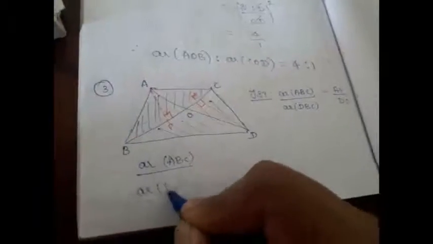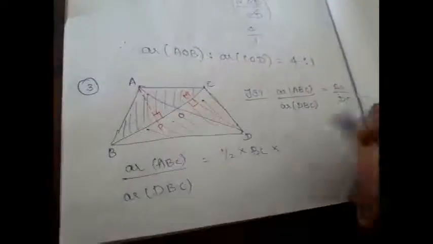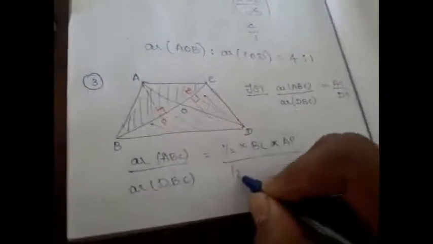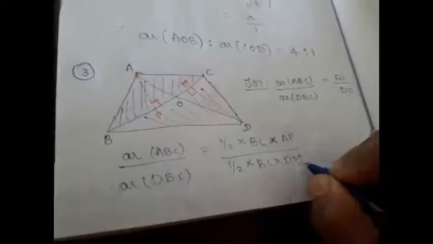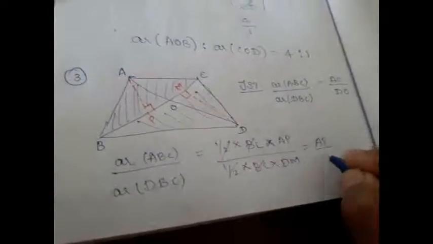What is the area of ABC divided by area of DBC? What is the area of a triangle? Half into base, which is BC, and what is our height? AP, divided by half into base BC and the height DM. So these two will get cancelled. So we got AP by DM.